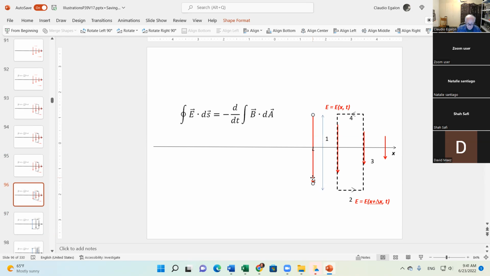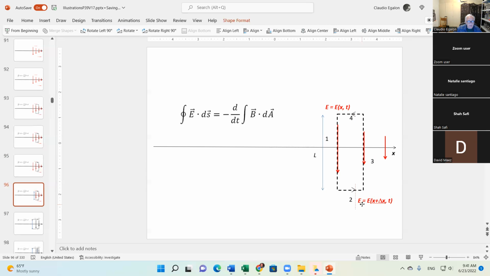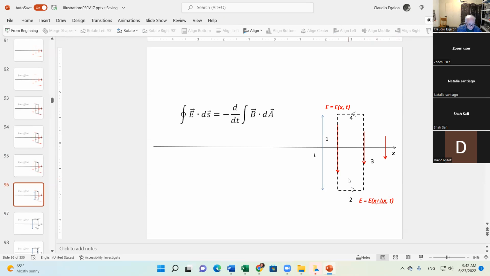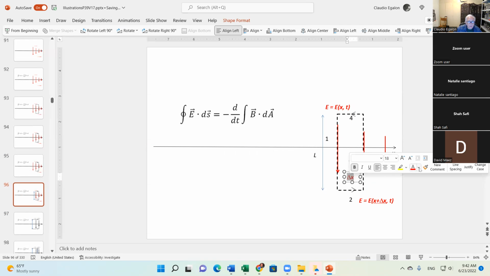I'm going to eliminate this electric field too because it's in the way. Okay, here you go. And I'm going to emphasize that this length that you see here is delta x.